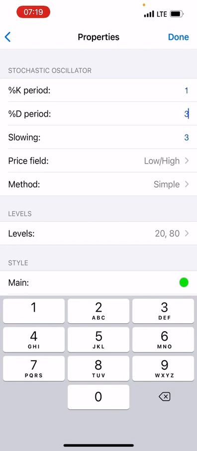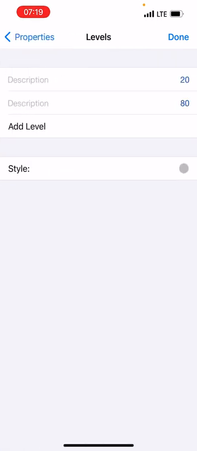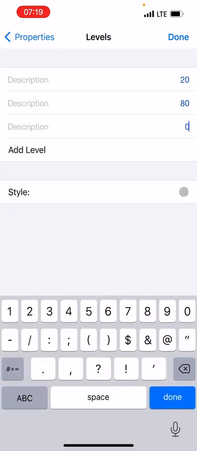Guys, just follow what I'm doing, please, so that you won't make mistakes when you are doing yours. Then the price field will be low/high, and the method simple. The levels 20 and 80 are okay, but I usually like to add the level 50 to mine. So you click done.